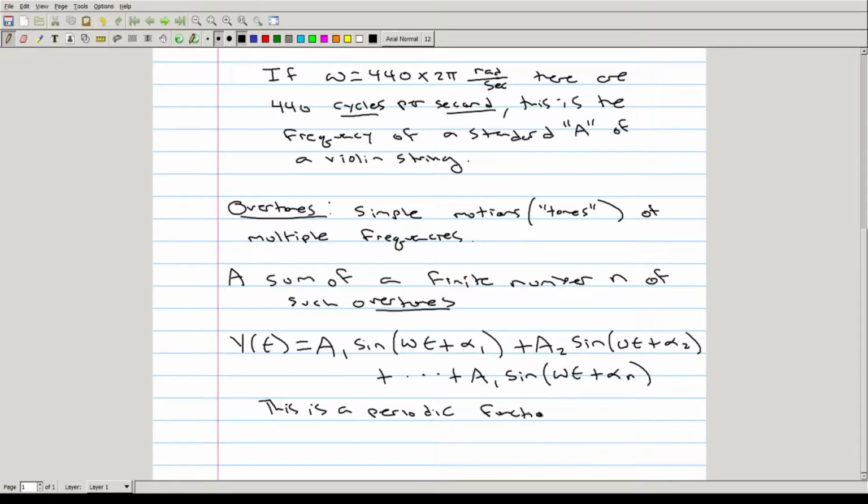Specifically, it's a periodic function not of omega, but with period 2 pi over omega, because every term in this sum possesses a frequency of omega.